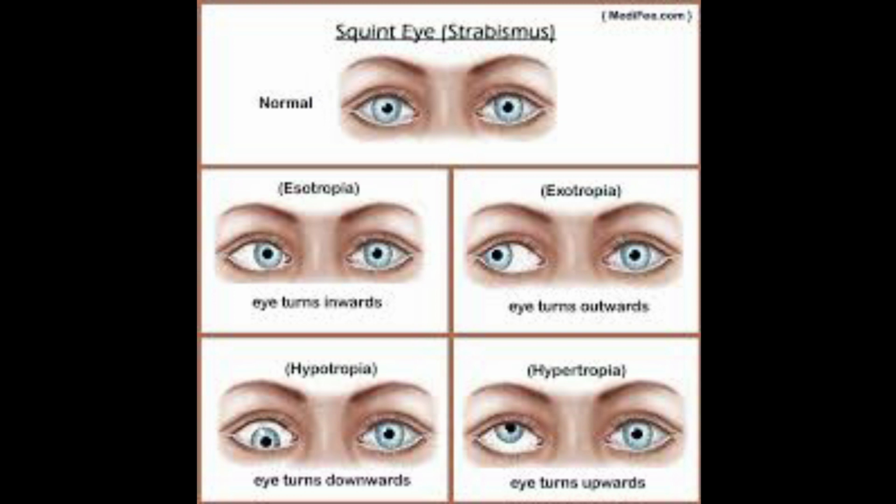One eye turns inward, upward, downward, or outward, while the other eye is aligned and focuses at one spot. It can happen all the time or at intervals.